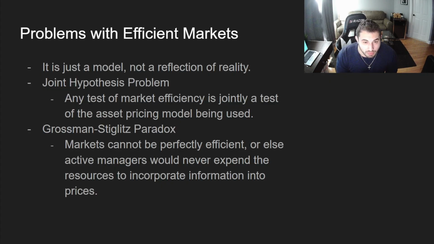Another issue with efficient markets is that it can't be definitively proven. And this is due to the joint hypothesis problem that I've talked a lot about on this channel. Basically, it's the idea that any test of market efficiency is going to jointly be a test on the asset pricing model being used. And to give you an example, I've often talked about the CAPM and skewness, right?